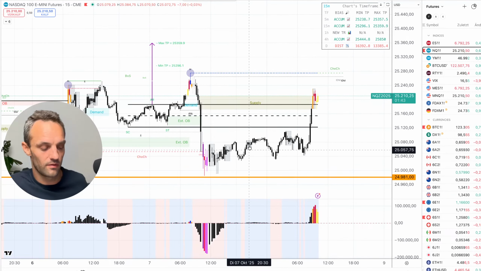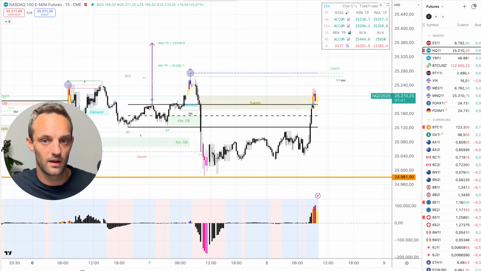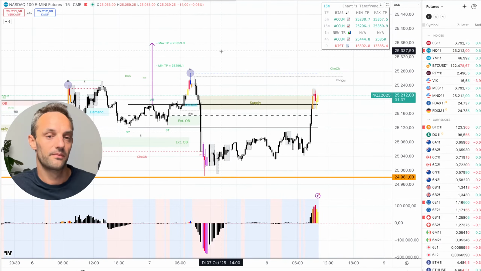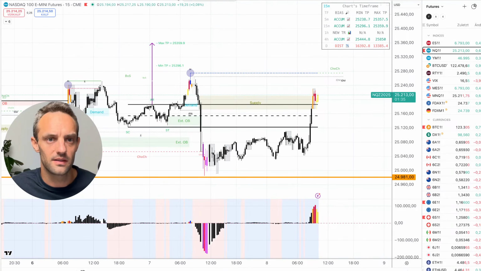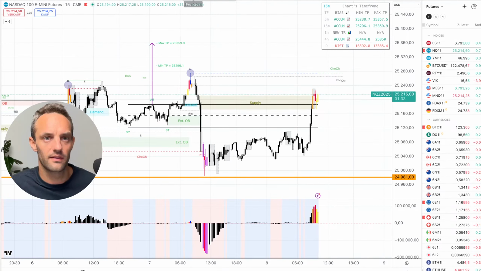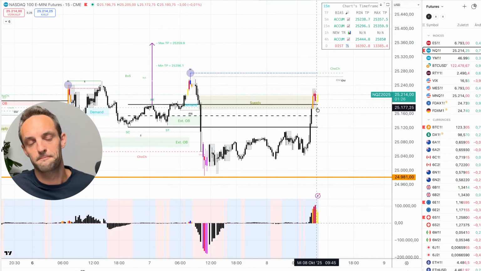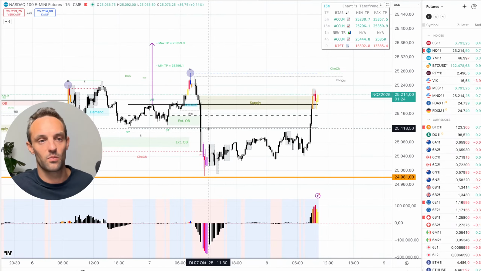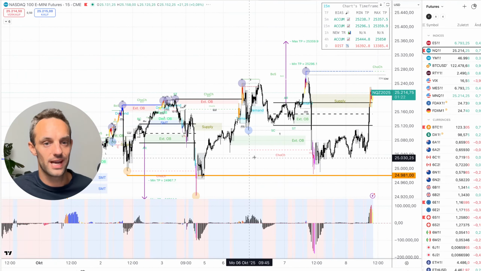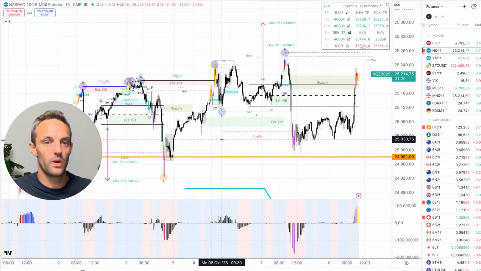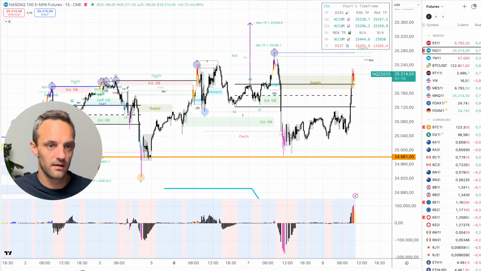And of course, now once we broke to the upside, the target is again there, right? I think that's how it is. Yes, it should be like this. So all this belongs to the same Wyckoff range. The Wyckoff range ends when these horizontal lines end.